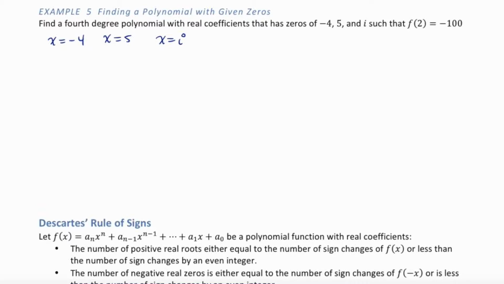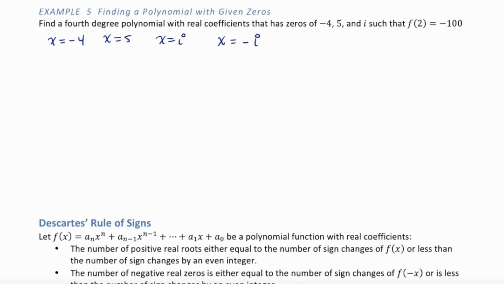If you recall, the complex conjugate theorem tells us that if a function f has real coefficients and a complex zero, so here we have our i, that's a zero, then its complex conjugate must also be a zero. So we know that x equals negative i is also a zero.